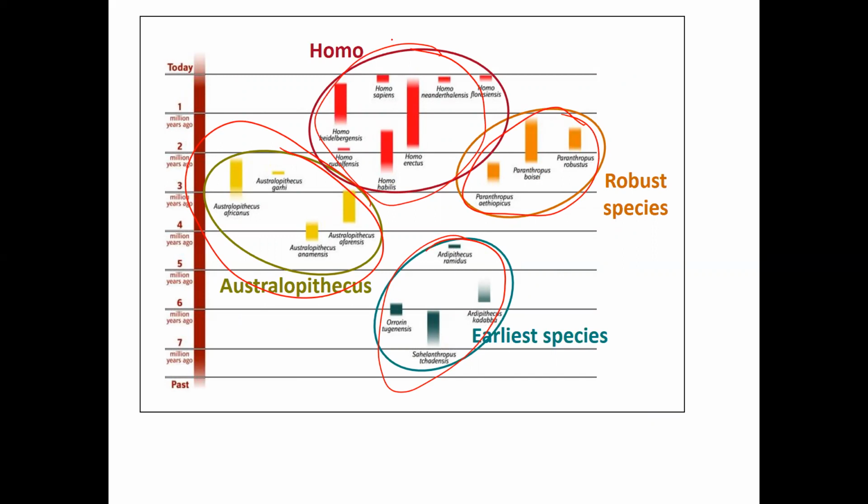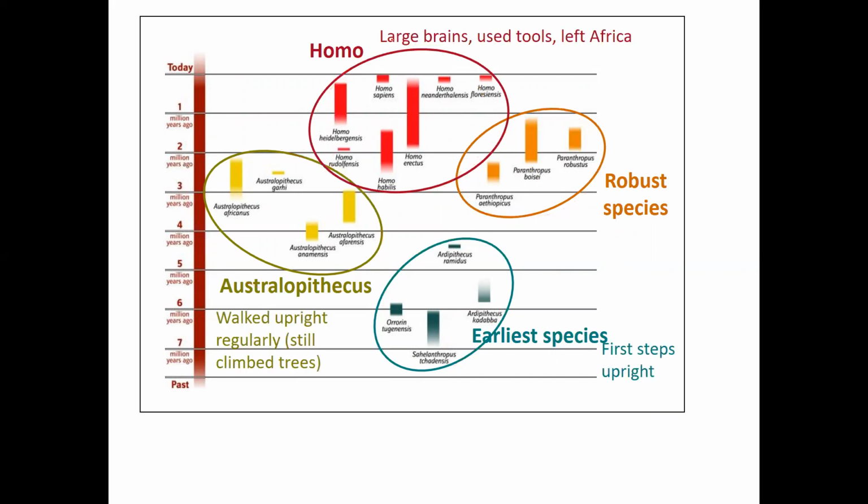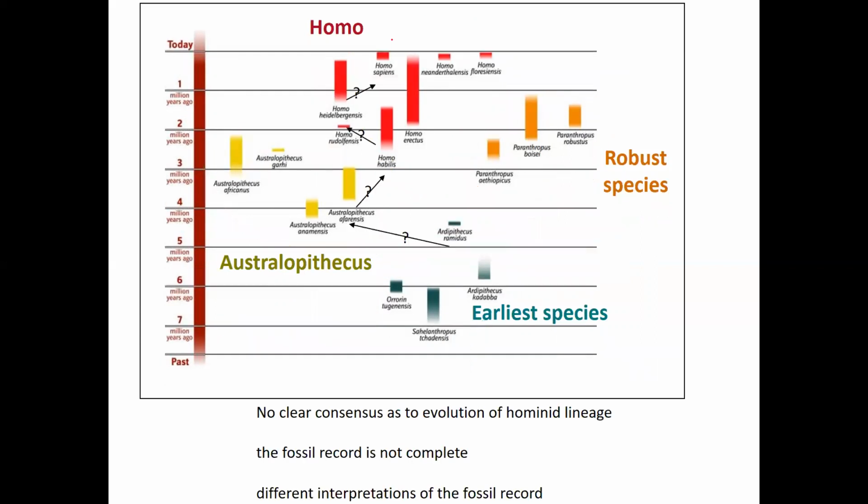That's our genus. The earliest species were the first to take upright steps. Australopithecus was the first to walk upright regularly, but still did climb trees occasionally. And the Homos had large brains, used tools, and are the ones that left Africa.